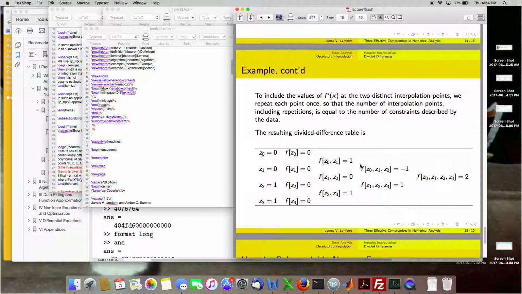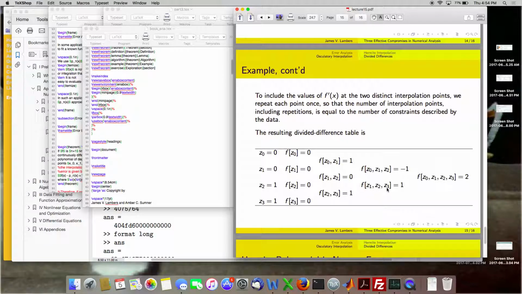And once you do that, then you finish off a divided difference table just like you did with the Newton form. So to get this next column, to get this divided difference, z0, z1, z2, I do this minus this divided by z2 minus z0. Those values are going to be different, so this is going to be well defined. And then same down here, this 1 minus 0 divided by z3 minus z1.